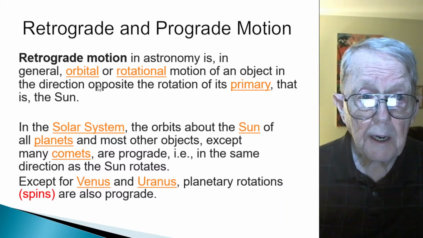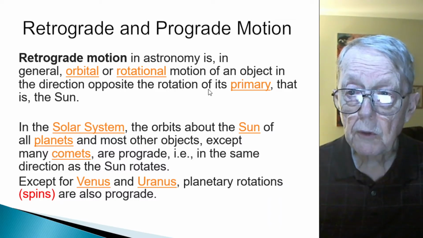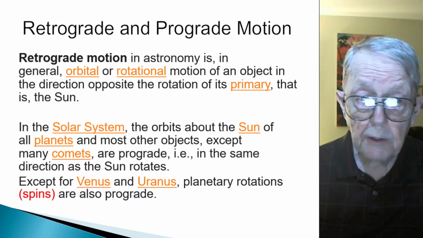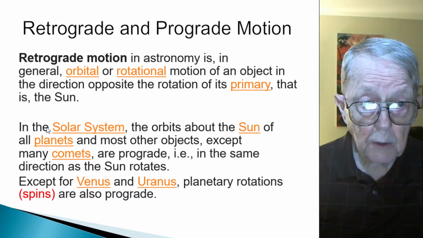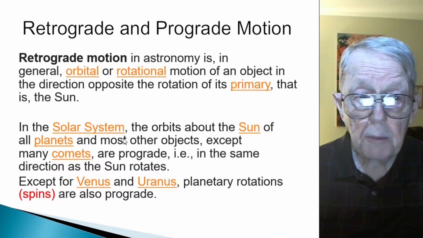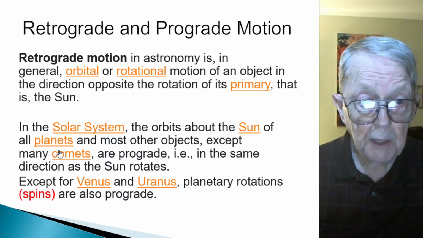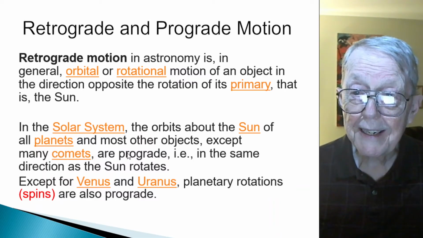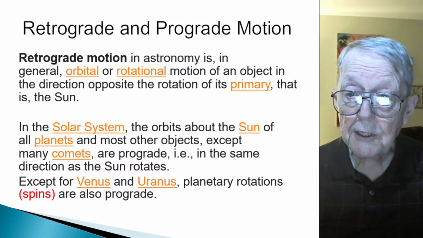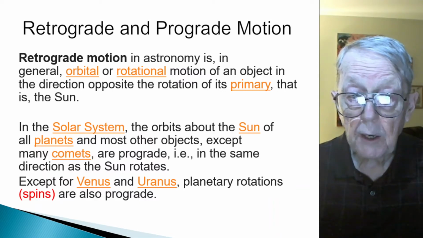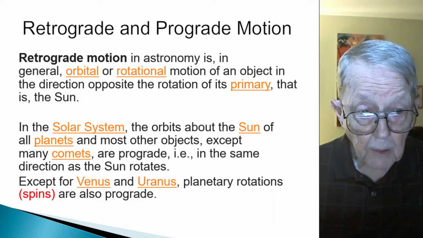That's retrograde. You see here, though, in the solar system, the orbits about the sun of all planets and most other objects except comets and stuff that come through, they're all prograde. That is, they orbit the same way the sun is spinning, or whatever the central body is. They orbit the same way.